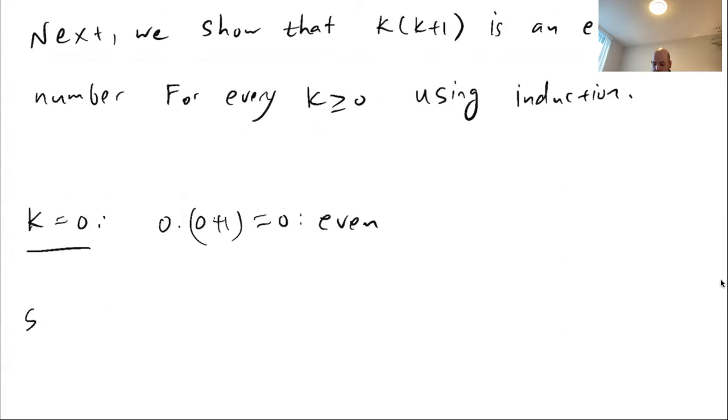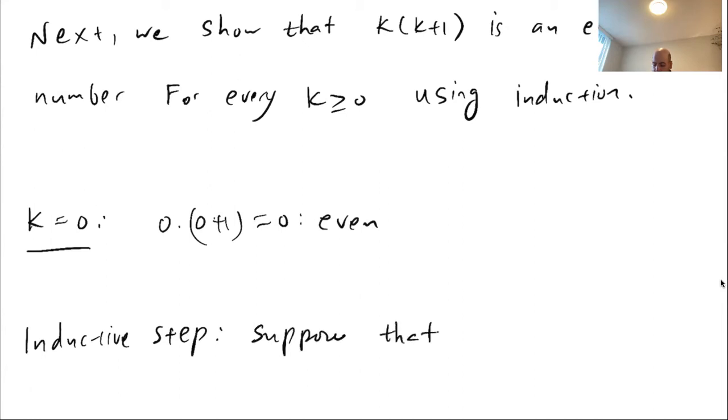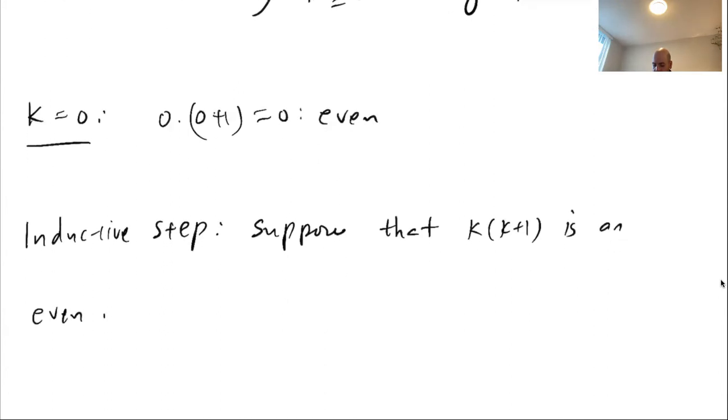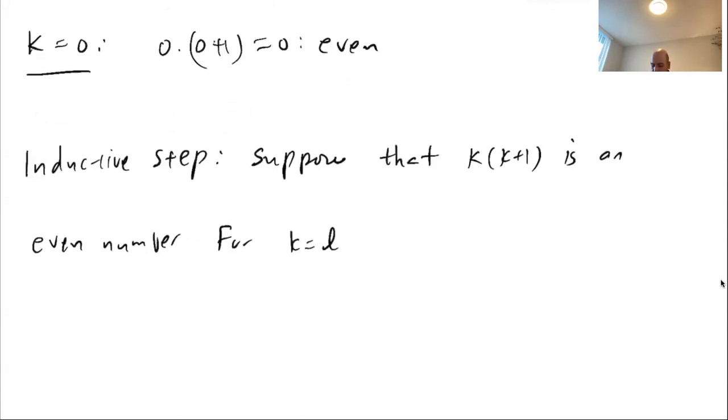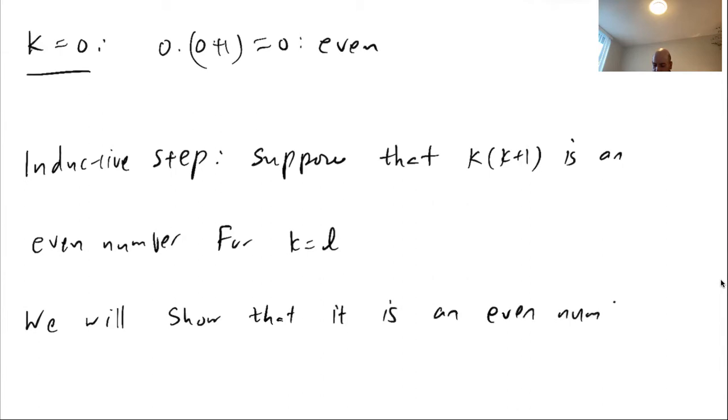Then for the inductive step, suppose that k times (k plus 1) is an even number for k equals L, and we will show that it is an even number for k equals L plus 1.